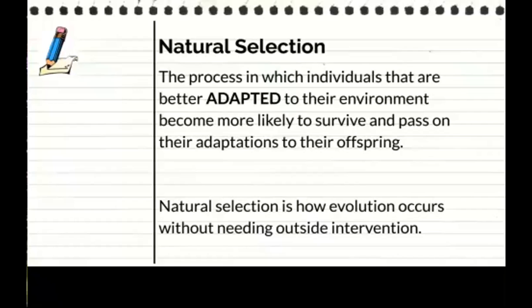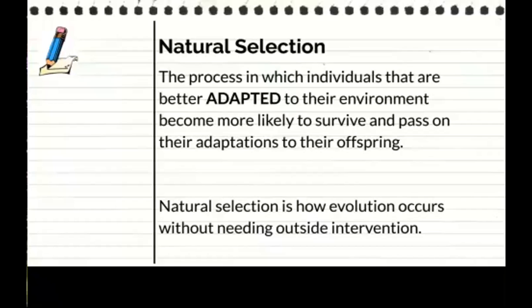Okay. So natural selection, this is when individuals that are better adapted to their environment. Notice I made adapted bold and big, because we're going to talk about what that means to be adapted. So when individuals are better adapted to their environment, they're more likely to survive, and then they can pass on that adaptation to their offspring.